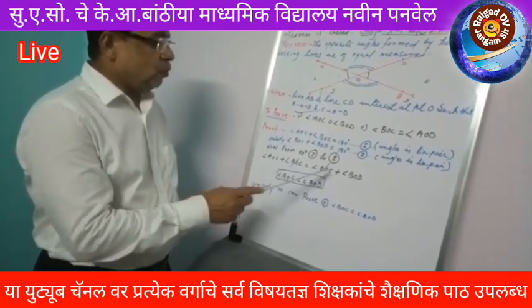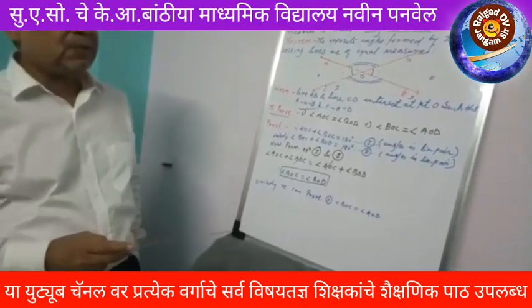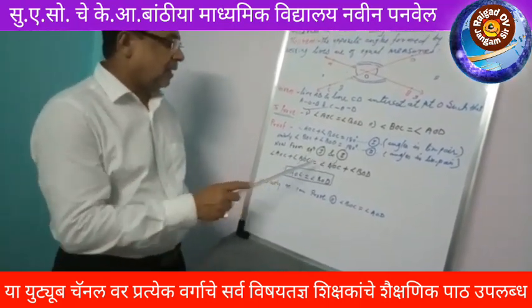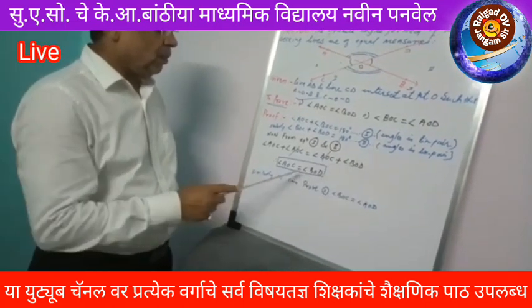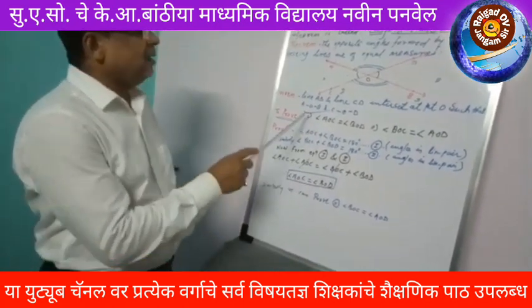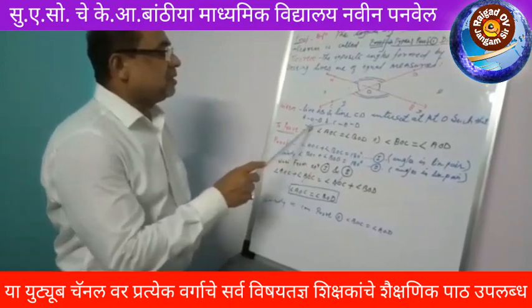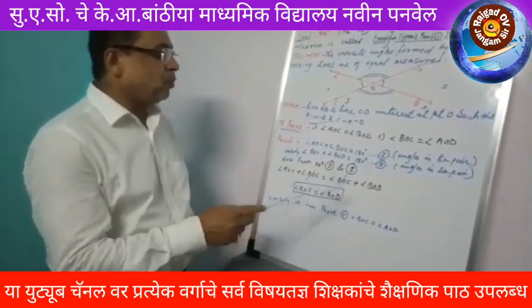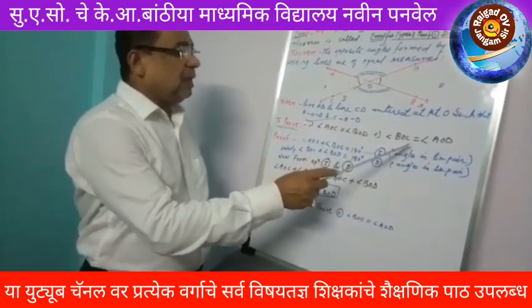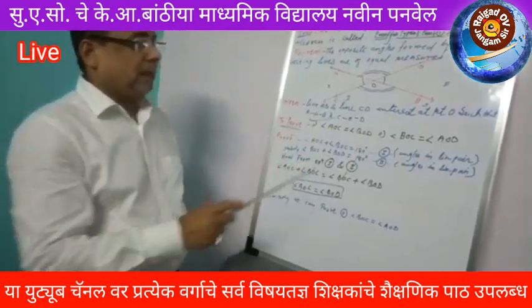Here angle BOC on both sides is equal, hence it will get cancelled. Remains only angle AOC equals angle BOD. It means that we can prove the first statement, AOC is congruent to BOD. Similarly we can prove angle BOC is congruent to angle AOD.